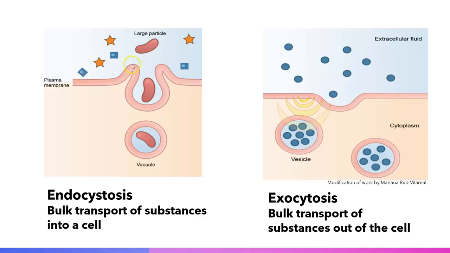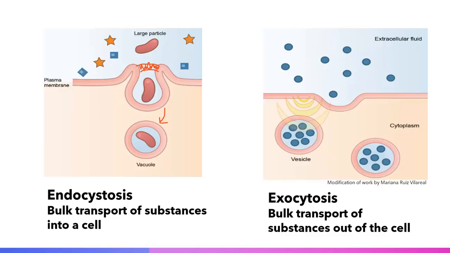So instead, the plasma membrane invaginates, so it just kind of dips towards the inside of the cell, and anything that's out here can kind of flow into that little depression that's made. And then the two ends of the plasma membrane will seal up, right? They will connect together.